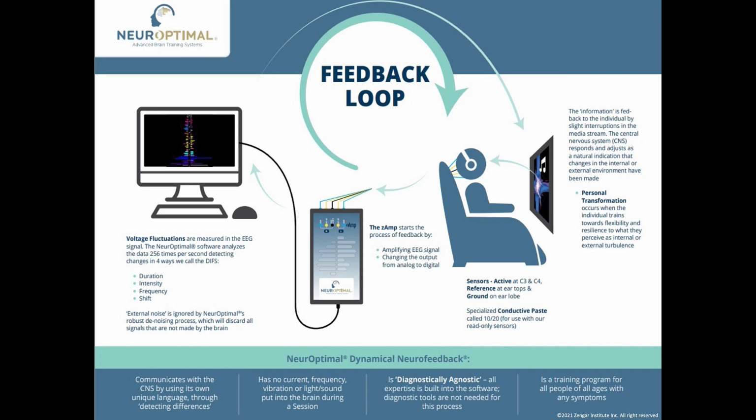So let's talk about this for a moment. The sensors are on the head. You have to be able to hear the music because the music has the interruptions. The interruptions are indicative of a change, in terms of, for us, duration, intensity, frequency, and shift. So the electrical change is being given to us through the interruptions in the music or in the visual.